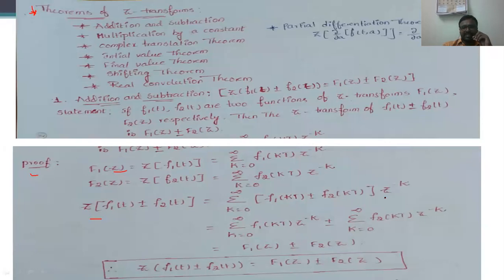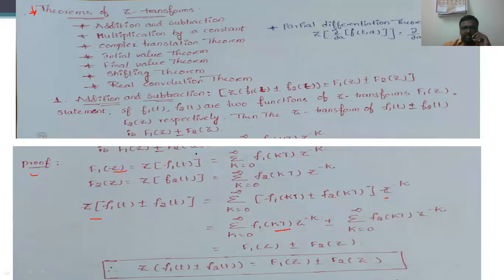This can be separated respectively and rewritten as sigma k equal to 0 to infinity f1 of kT into z power minus k, plus or minus sigma k equal to 0 to infinity f2 of kT into z power minus k.